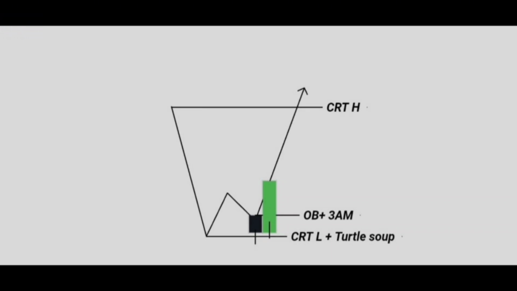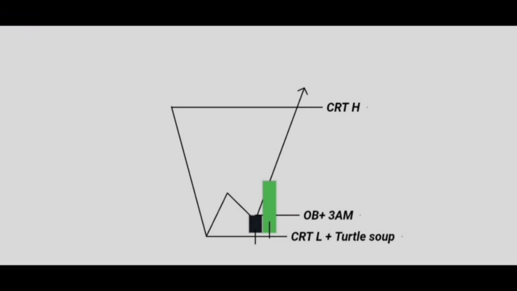Now, if you have watched my previous video where I explained Model 1 entry, I explained in detail, so you will know what I'm talking about already. The last candle that takes out the old high or the old low is what you want to focus on, because that is what you will use as your order block.